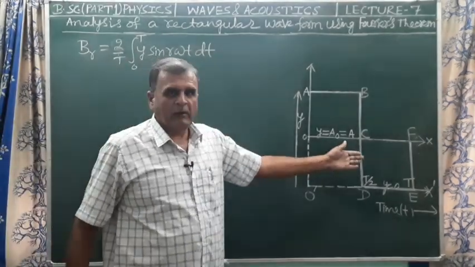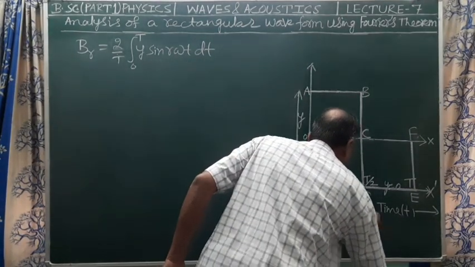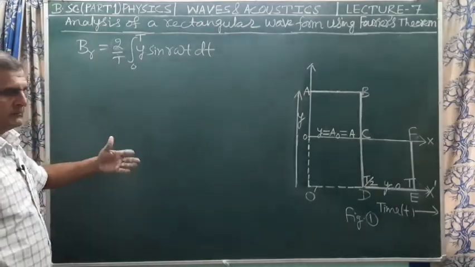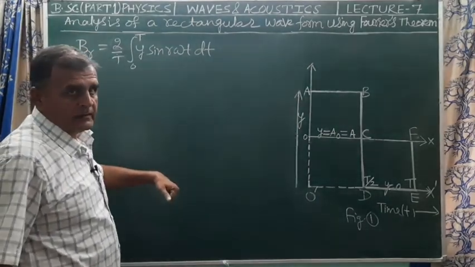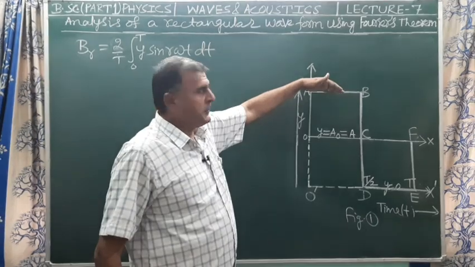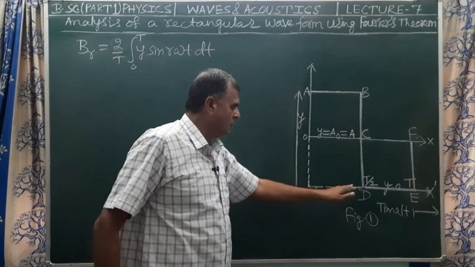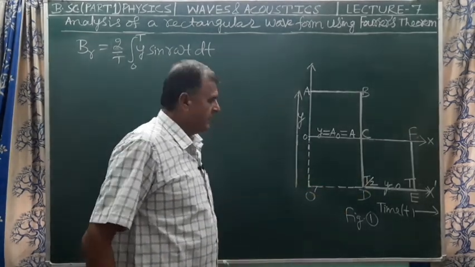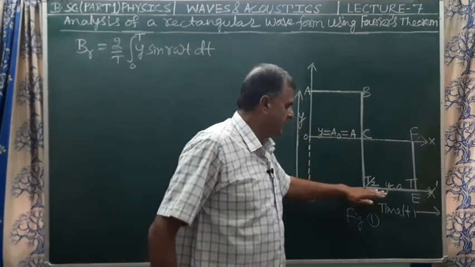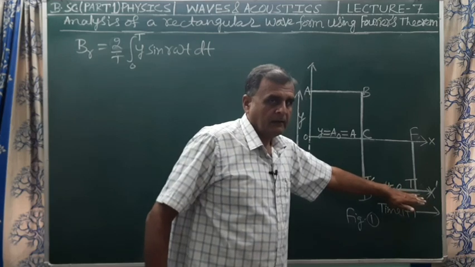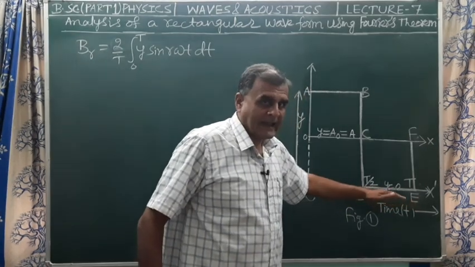For the given rectangular waveform, which is represented in figure 1, the displacement of the rectangular waveform is y equal to 2a, that is, the displacement of the upper part of the rectangular waveform from the time axis is 2a for the time interval 0 to capital T by 2, and the displacement of the rectangular waveform is 0, that is, the lowest part of the waveform lies along the time axis.